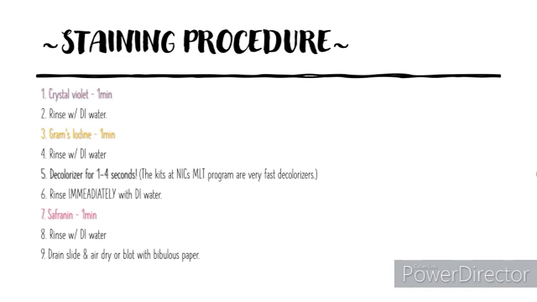That's a huge difference between a minute and 30 seconds and 1 to 4 seconds. So pretty quick. All of the kits at NIC that I've experimented with are very fast decolorizers, and that's because they have 3 ingredients in them, and I will show that in the demonstration video.